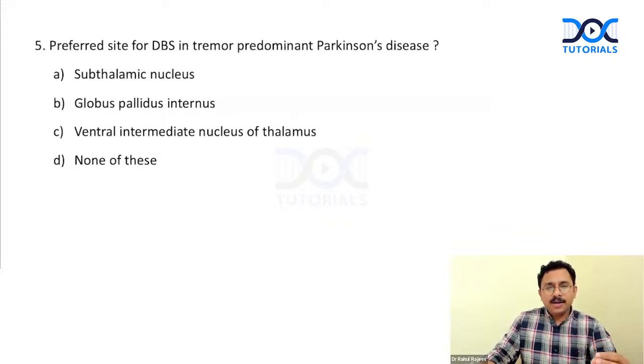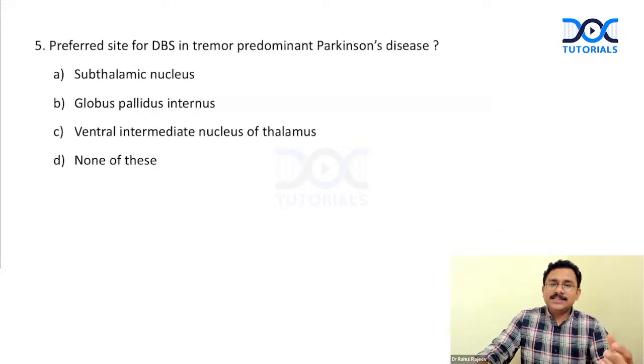And for DBS, you actually stimulate certain key regions in the brain, right, to bring about a symptomatic relief. Now they're asking which nucleus is actually stimulated. First of all, you should know that the 3 options that are given, subthalamic nucleus, globus pallidus interna, and ventral intermediate nucleus of thalamus, all these 3 options are stimulation sites for DBS.